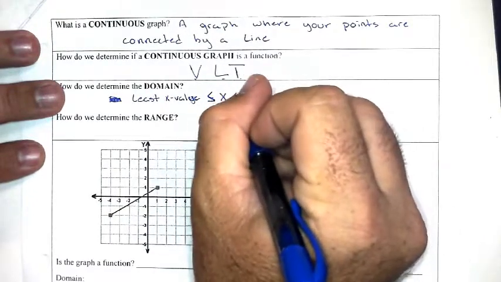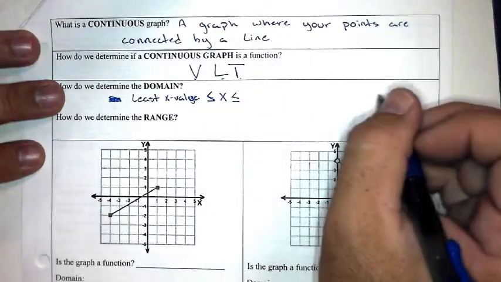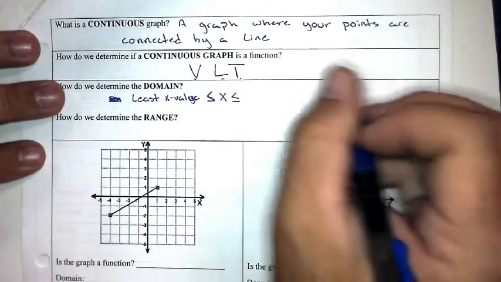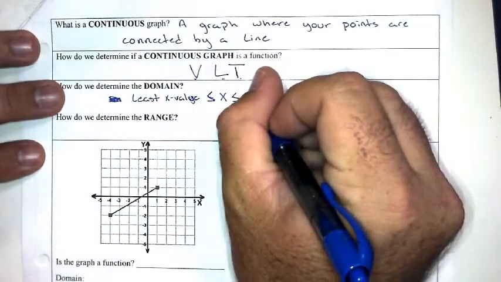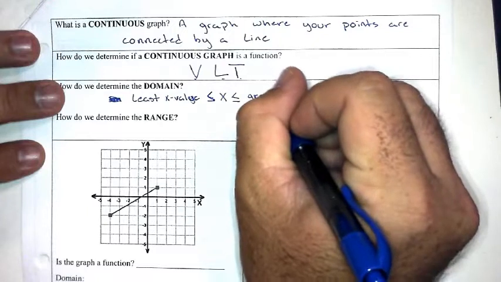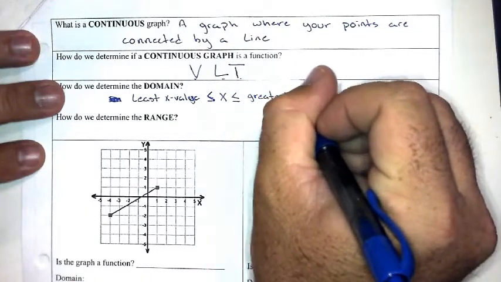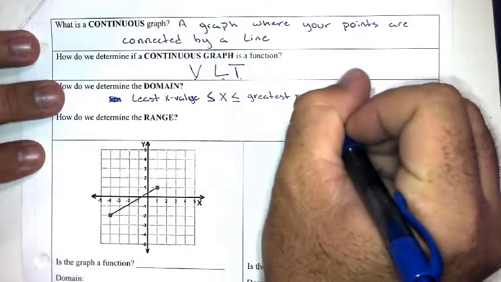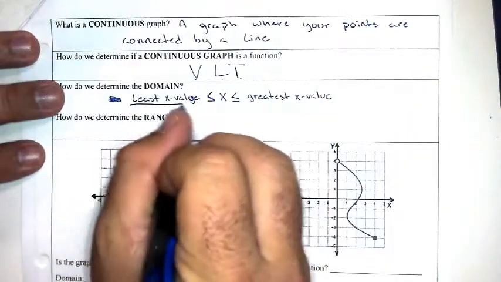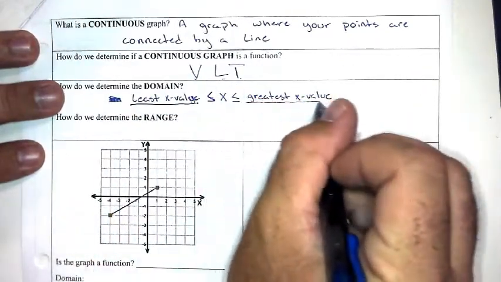And then on the right-hand side, you'll put the greatest x value. So you'll start with the less than or equal to x, which is less than or equal to blank.